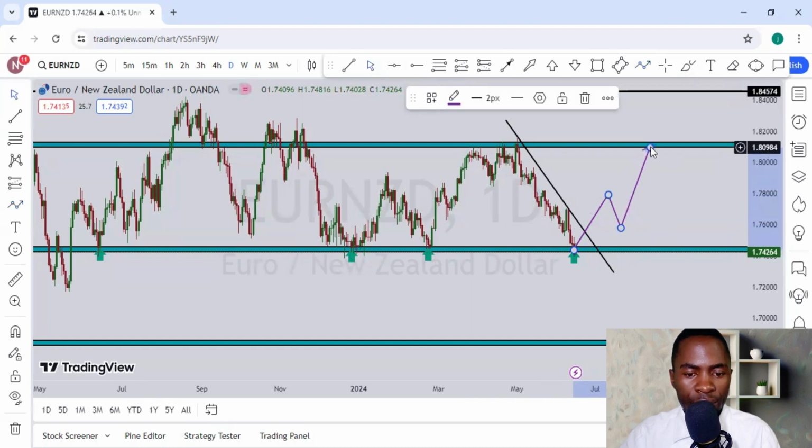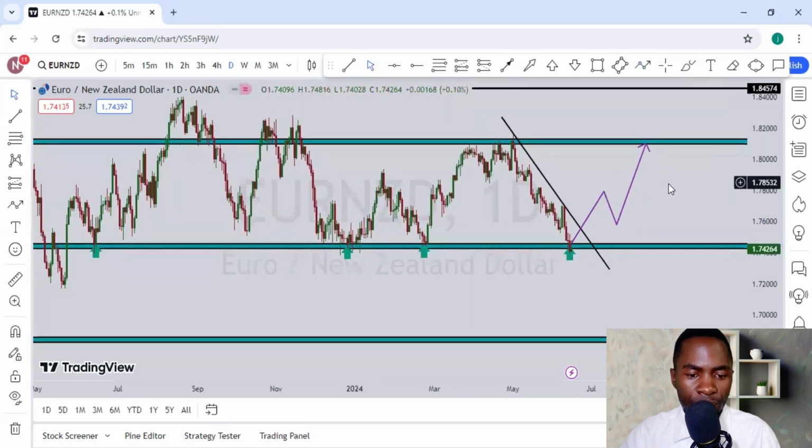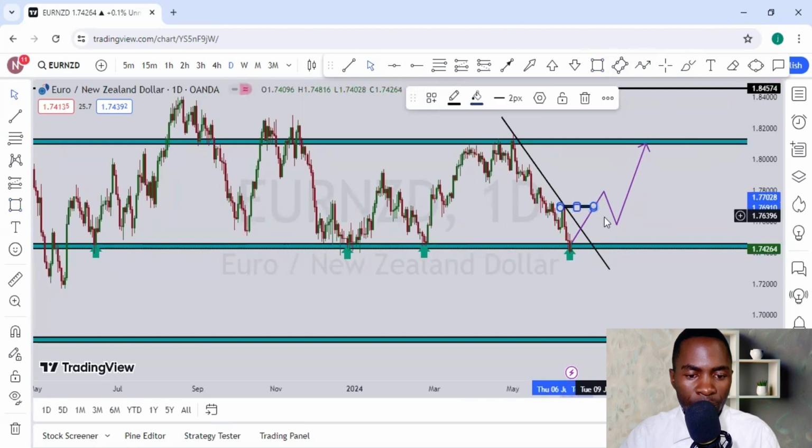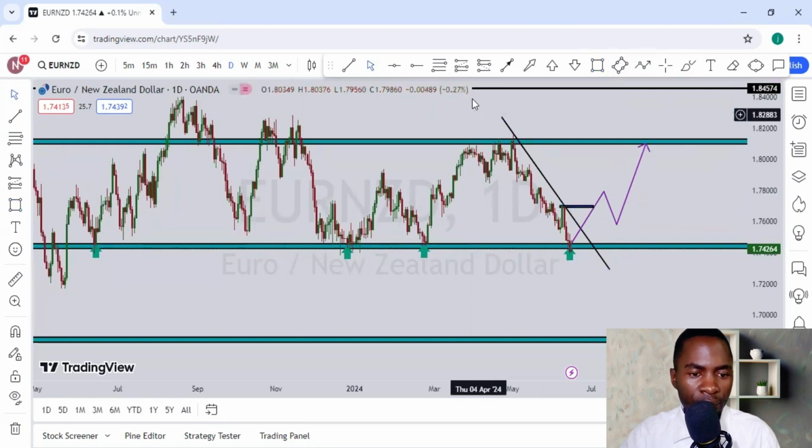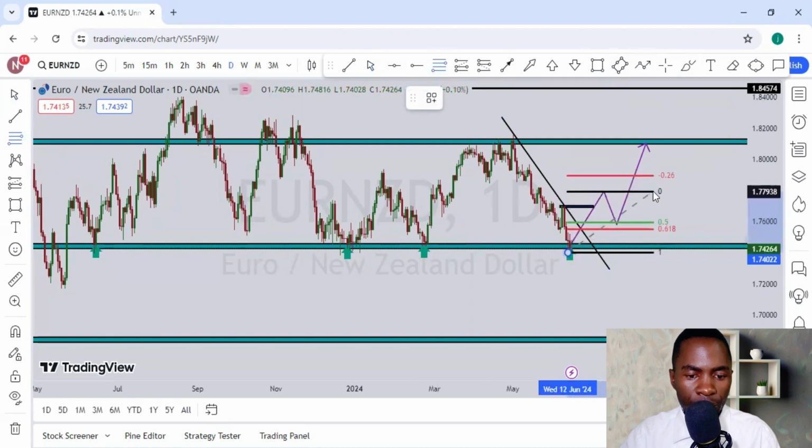Then I will take this trade to the upside. So this is my first confluence. I'm expecting the level, as you can see clearly, and also my fib zone.